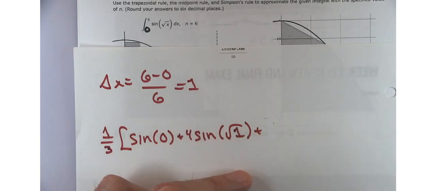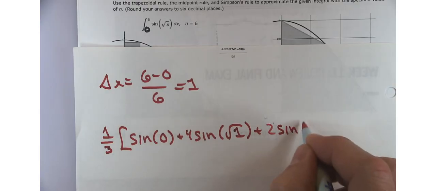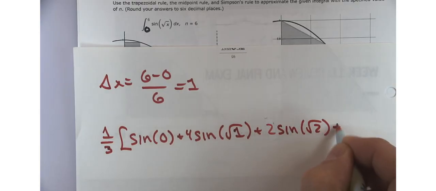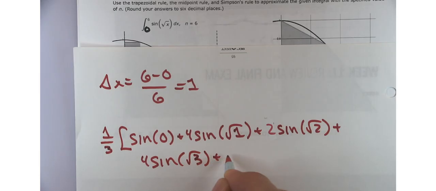I guess I didn't need a square root there. Plus 4 times the sine of the square root of 3 plus 2 times the sine of the square root of 4, which is just 2.